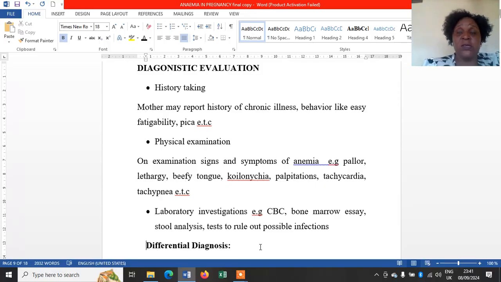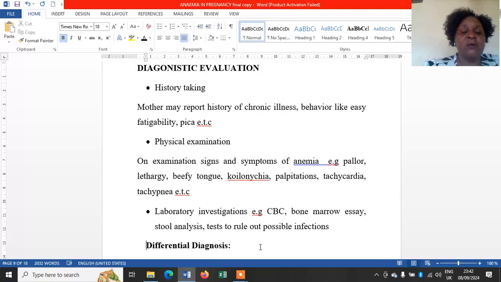Also, sometimes these mothers report pica. Pica is excessive craving of non-food particles. Some pregnant mothers eat soil, eat clay, etc. Most of them have a deficiency of iron, and they feel it is present in what they eat.